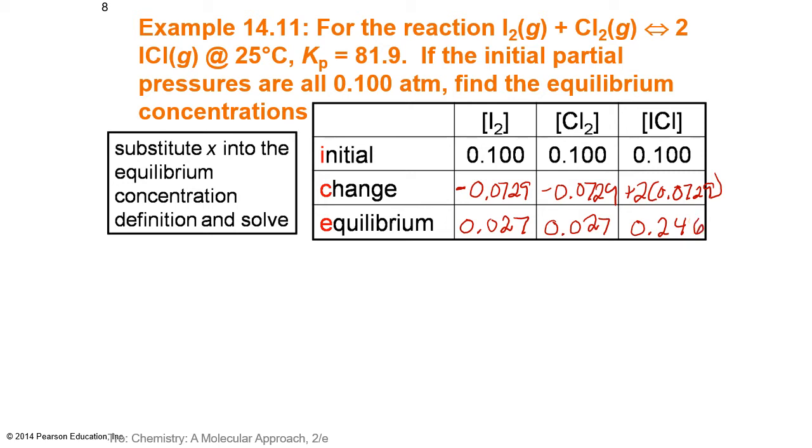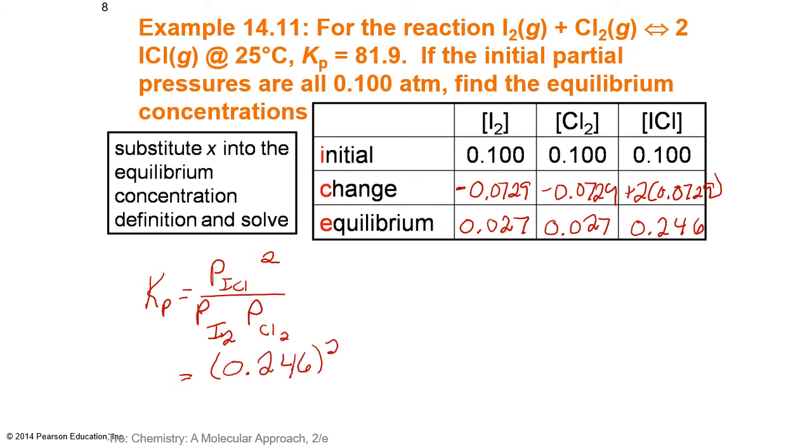And if we want to double check to make sure that we've done it properly, we can substitute it into the Kp value and put our pressure that we found into this value and see what we end up for the Kp. If we're close to our equilibrium constant, we know that we've properly solved our equation.